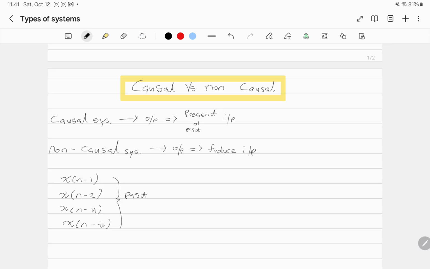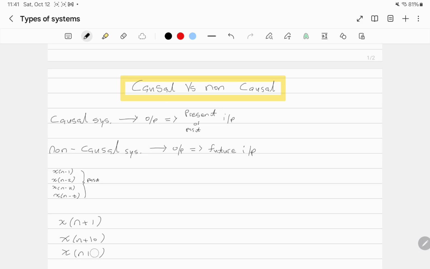Anything you plug in for t will give you a past value. Now the same goes for the positive, except it's the future value. So x of n plus 1, x of n plus 10. So it relies on future values.